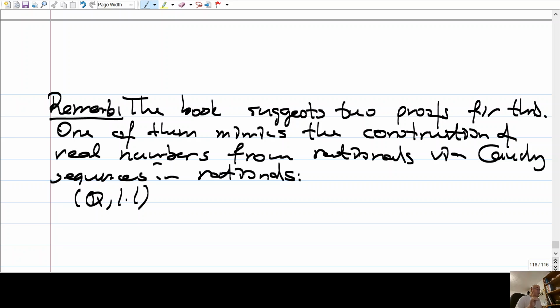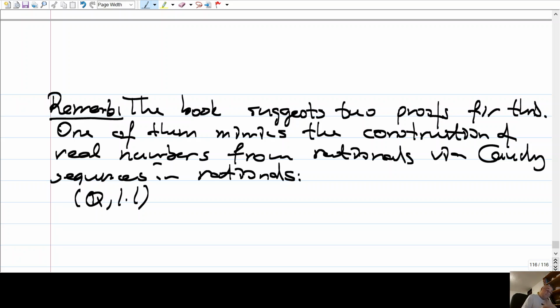So instead of convergent rational sequences, I will just consider Cauchy sequences in Q. And I keep in mind that any Cauchy sequence is convergent. But at the beginning, I don't have real numbers, so I don't know whether these are convergent or not, and I actually don't need that.